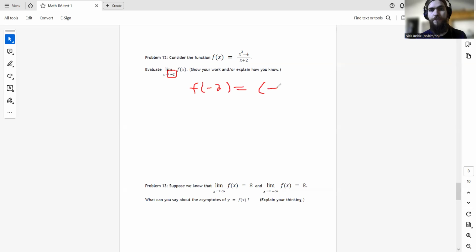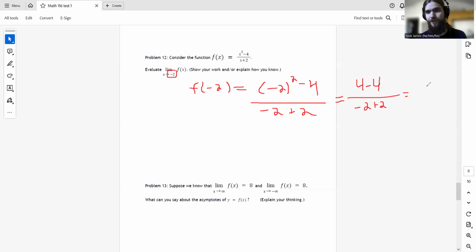We get negative 2 squared minus 4 divided by negative 2 plus 2. Negative 2 squared is positive 4, so we get 4 minus 4 over minus 2 plus 2. As you can see, it becomes 0 over 0.